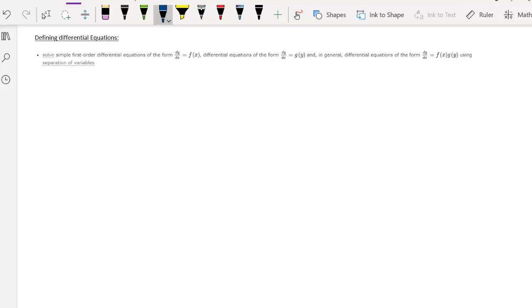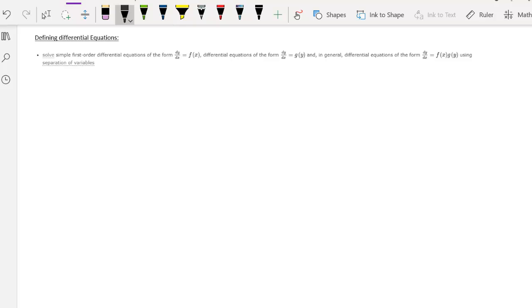So basically our syllabus sticks to a very small subset of differential equations, and that is that we're looking at separable first order ordinary differential equations.